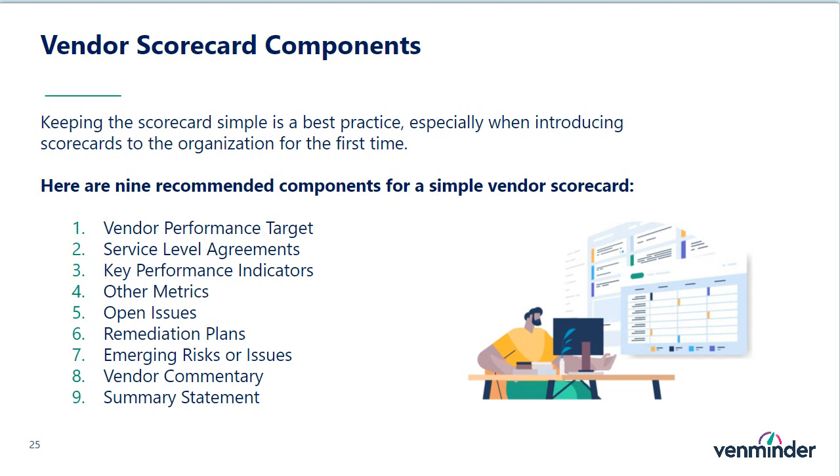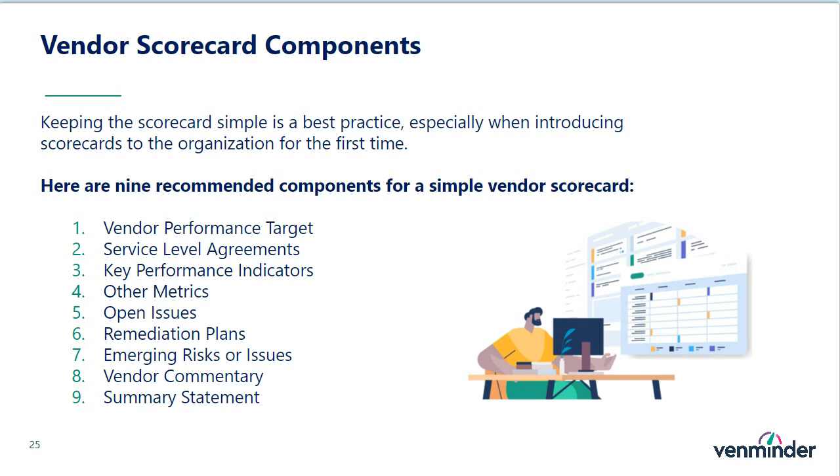Now, the elements that I recommend here are, we want to state our target. We want to talk about service level agreements. Now, if we don't have room to list them all, we can talk about where there were exceptions. We want those key performance indicators. What are the things that are supporting those objectives or goals and could substantiate the service level agreements?